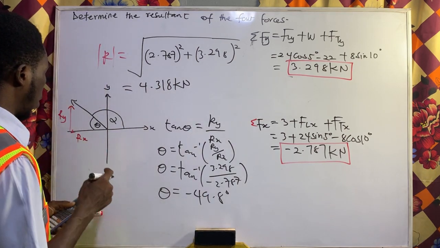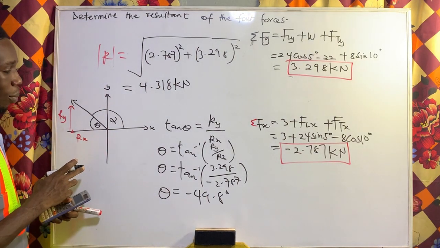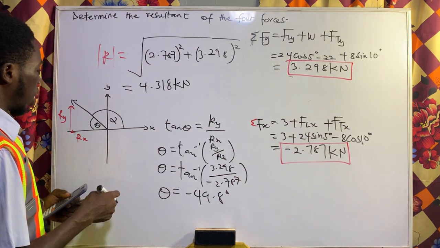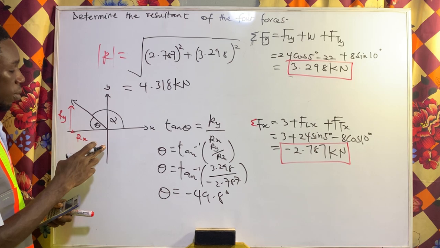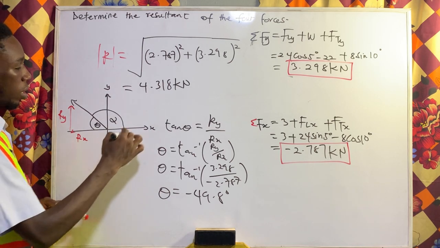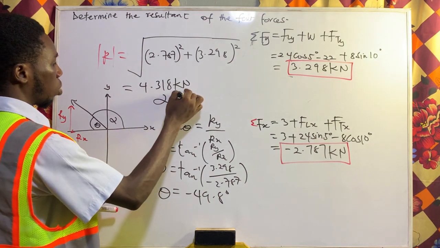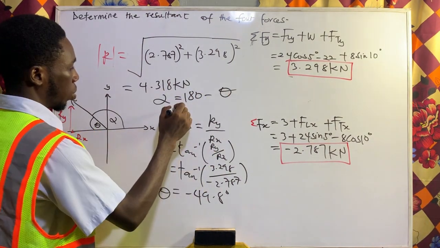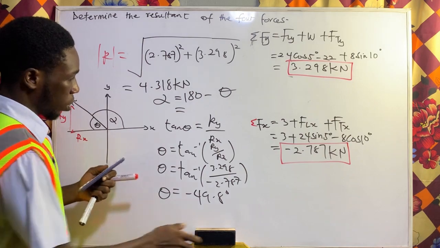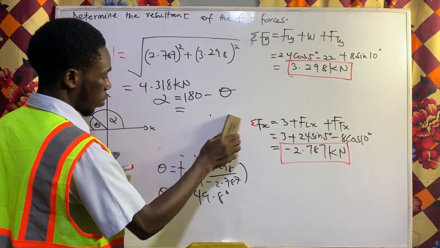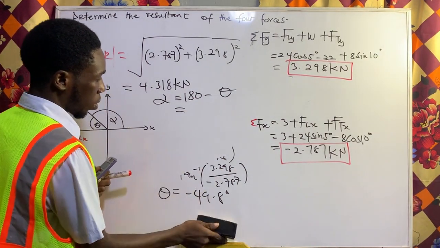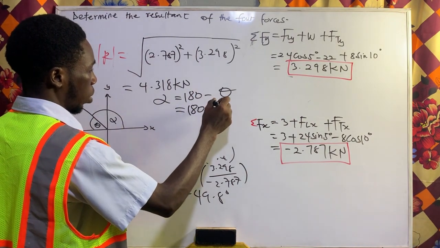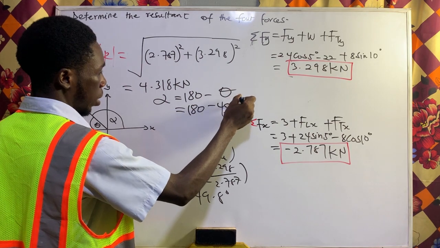Okay, so we have theta to be 49.8 degrees. Okay, so now that we know theta, we can subtract it from 180 to get alpha, right? So alpha will be equal to 180 minus theta, which will be equal to 180 minus 49.8 degrees.